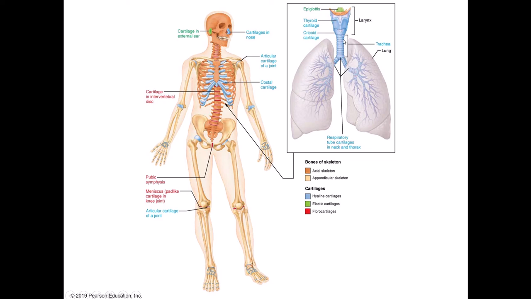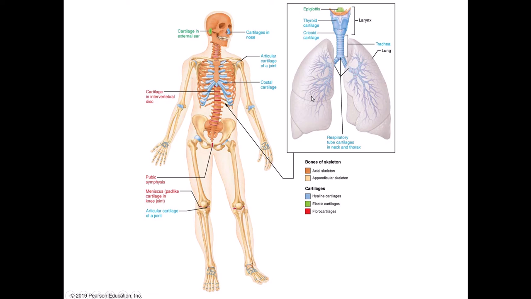It is the rings that keep the trachea open so that our airway always stays open. It composes the laryngeal cartilages for a lot of our voice apparatus.